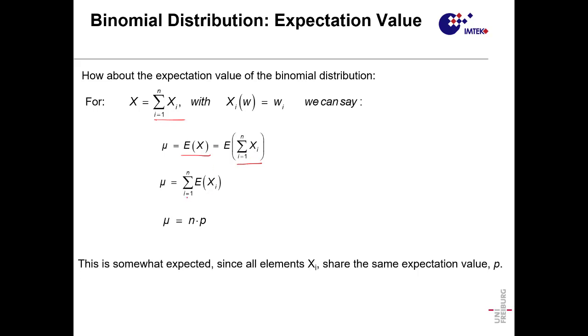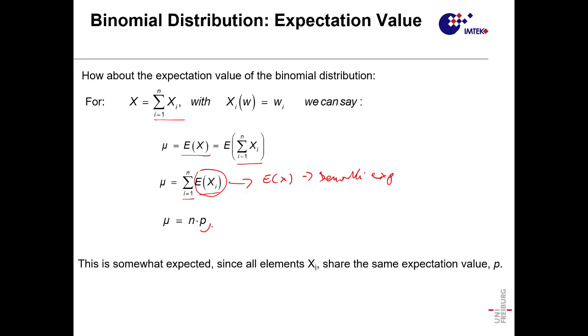Then you can take the summation outside, and you have the sum of all the expected values. The expected value of each of these is the expected value of a Bernoulli experiment, which was P. And if you have n experiments, it makes n Bernoulli experiments, so summed together you will have n times P as the expected value for a binomial distribution.